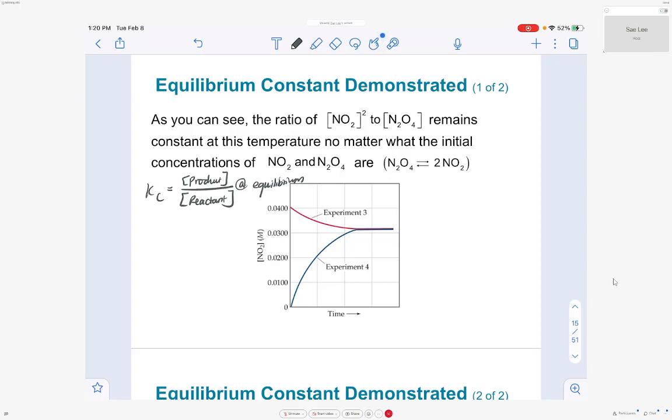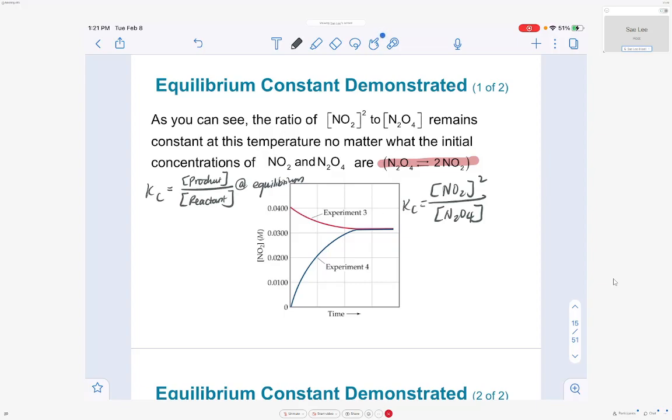For this equilibrium reaction, where N2O4, dinitrogen tetroxide, is decomposing into nitrogen dioxide, the ratio of concentration of product divided by concentration of reactant at equilibrium will be the same.